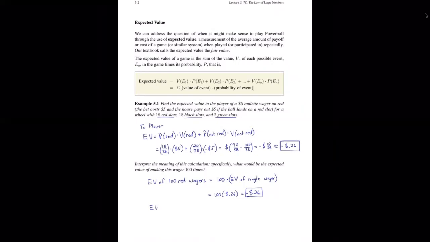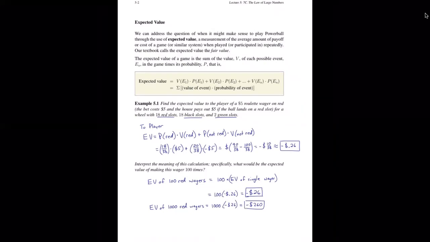Now, if we play 1,000 times, 1,000 red wagers, well, it's 1,000 times negative 26 cents, and we end up with negative $260. Now, this is the first time this has been feasible. Okay, now it starts to make sense. If we play 1,000 times, again, we won't land exactly on negative $260, but we should be pretty close.